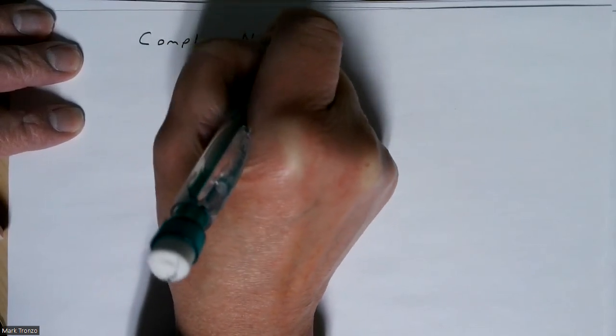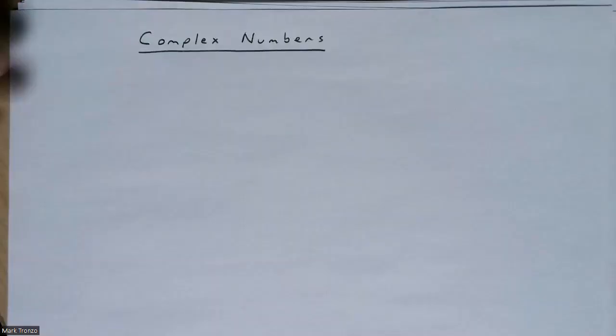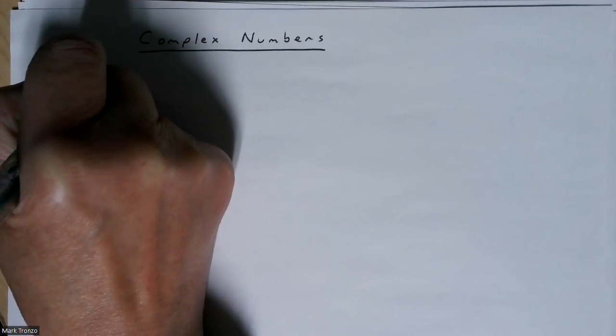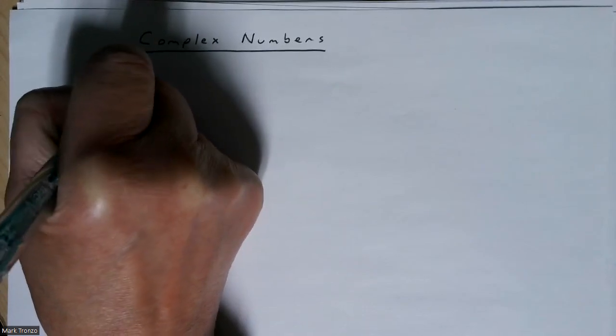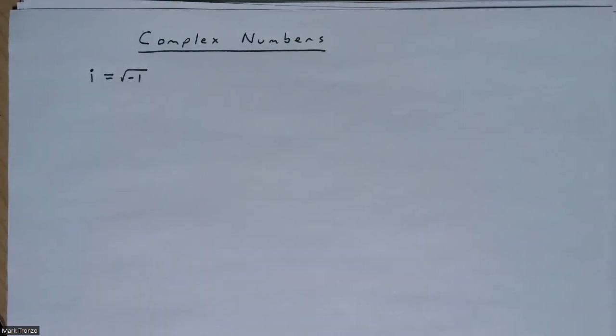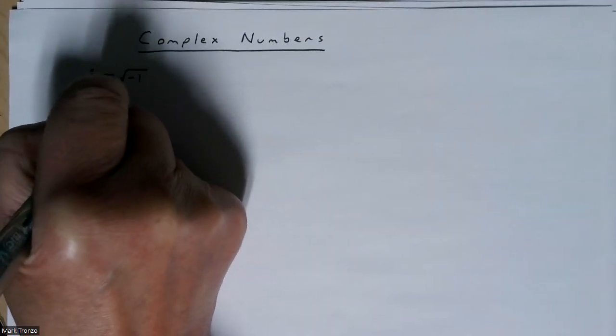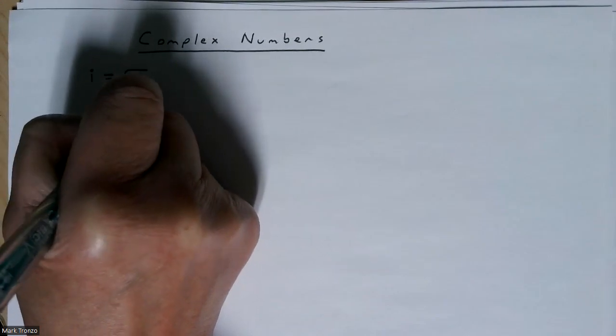And one other thing to remember would be complex numbers. So remember, i is defined as equal to the square root of minus 1. And then, of course, i squared would be equal to minus 1.